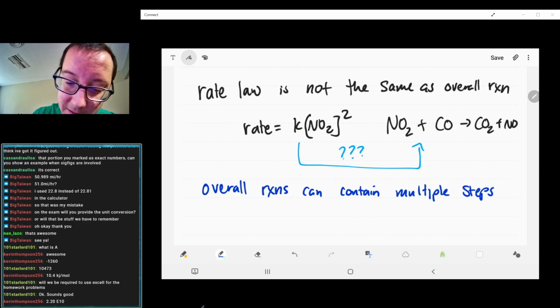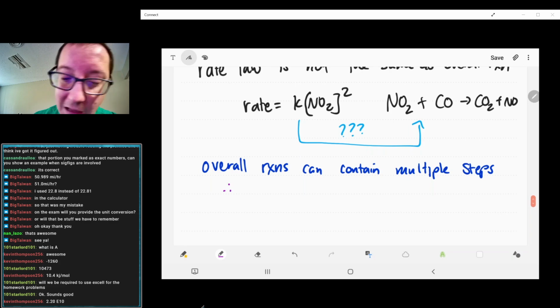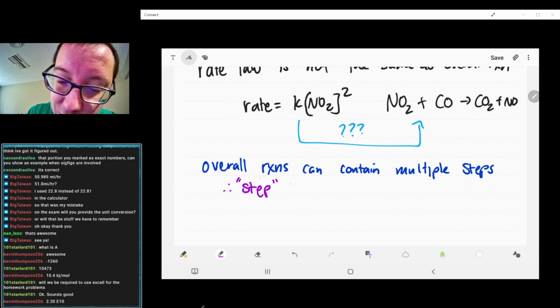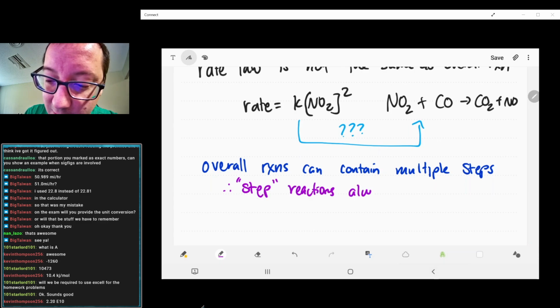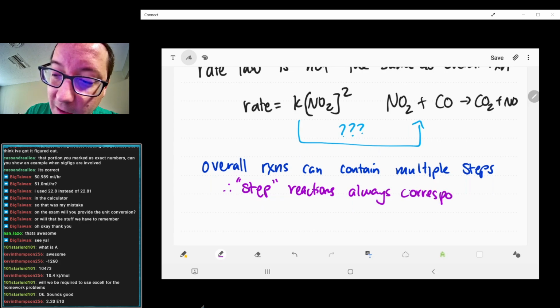And what's important here in purple, because purple means important, I guess, is that step reactions will always correspond with rate laws.